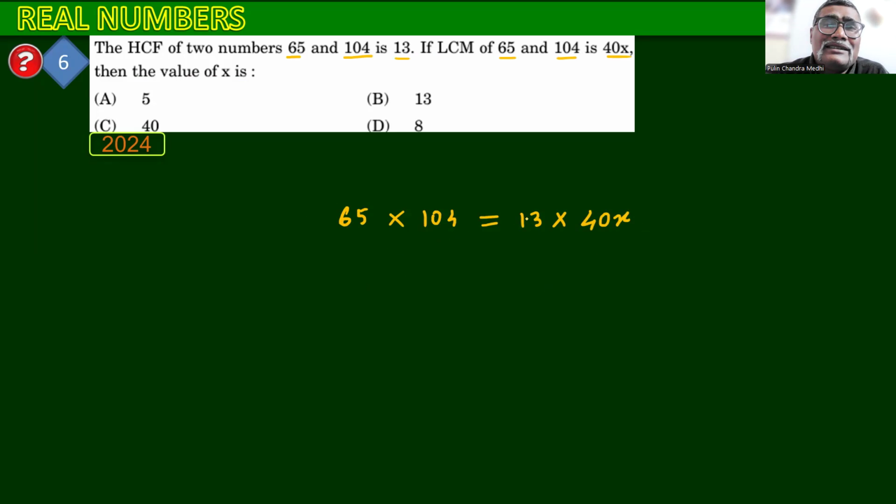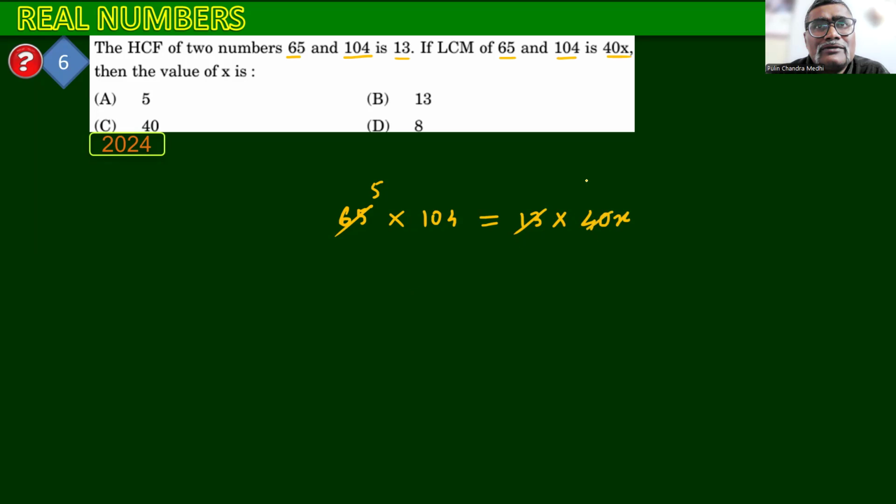Very simple thing. You can do it orally. 13 will come down here. So 13 fives are 65. You got this, right? And then 40, will it divide 104? Is it 40x? Yes, it will divide. How will it divide? Right? So you can cancel also.